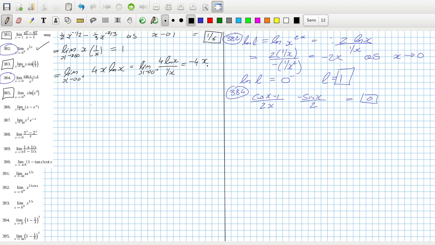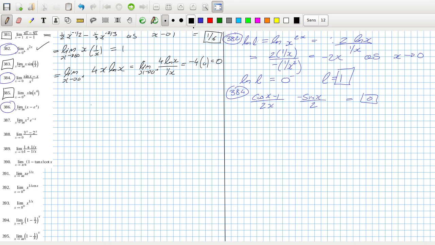So it'll become minus 4x, so it'll become 0 as x tends to 0. Let me just double check that one. Yeah, I think that one's 0 as well.